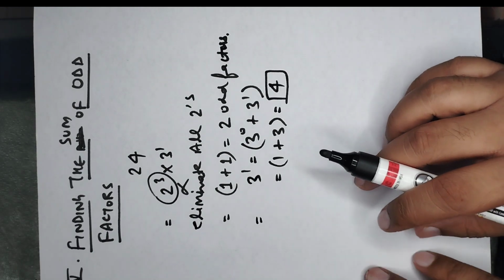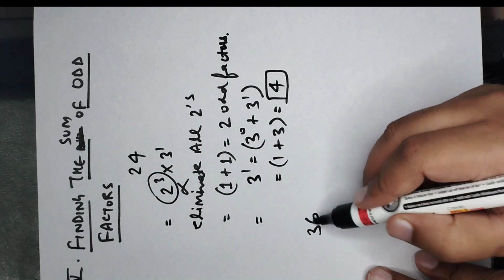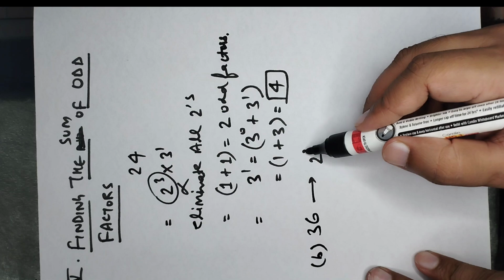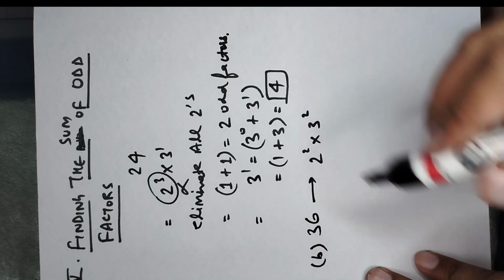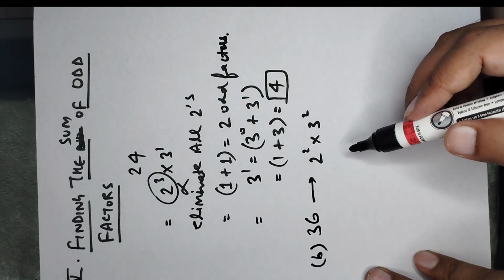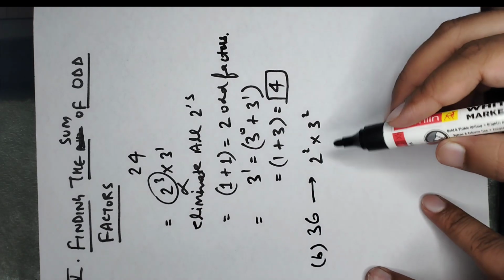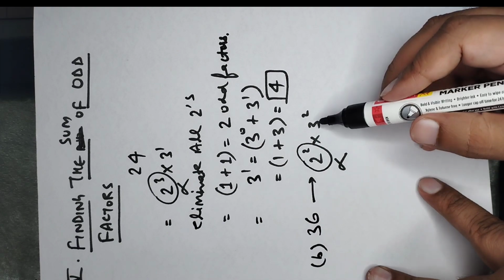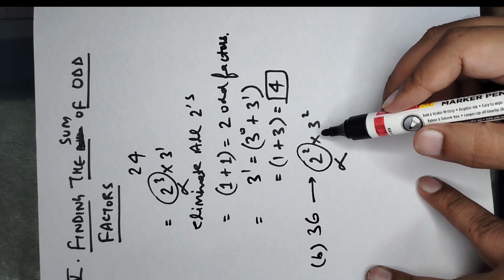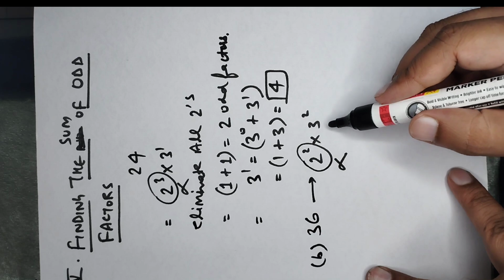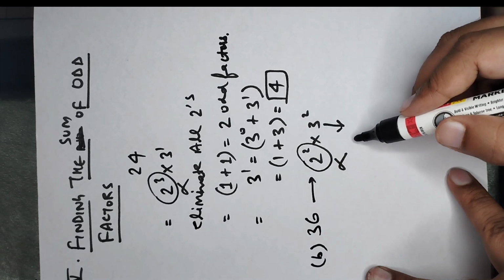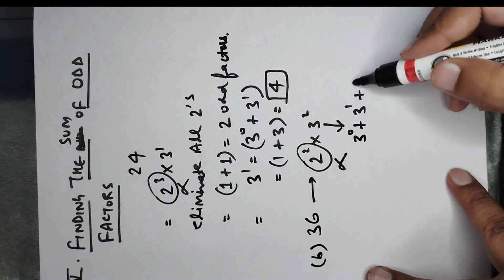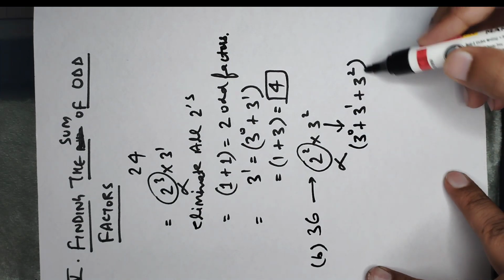Let us take another example. Let us talk about this 36. Now this is 2 square multiplied by 3 square. Again, as I have to find the sum of all odd factors, I have to eliminate all these 2's, because 2 multiplied with an odd number will always give us an even number, and we don't want an even number over here. So this 3 square can be written as 3 raised to the power 0 plus 3 raised to the power 1 plus 3 raised to the power 2.